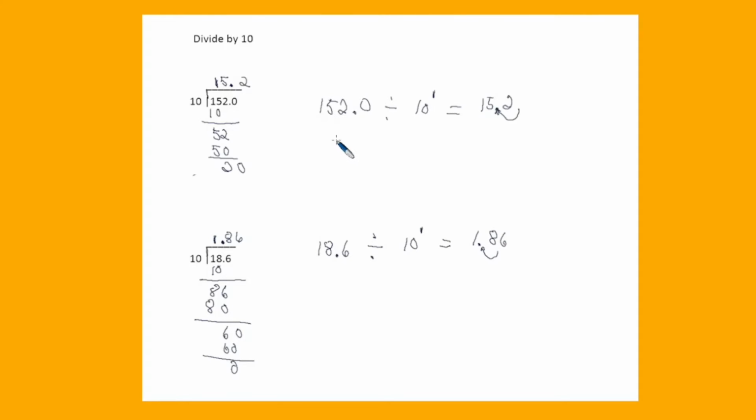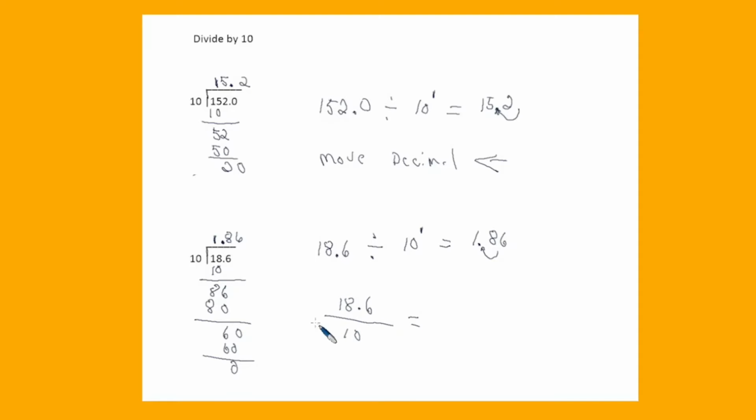So when we divide, we are going to move the decimal to the left. Now, I could do something similar by saying 18.6 divided by 10, and the answer is still the result.